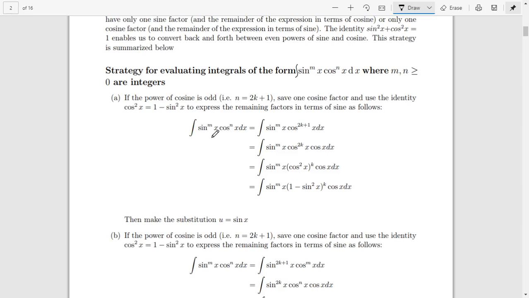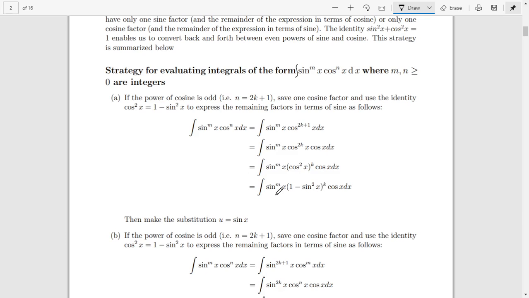That is explained here. If my n is odd, I can write n as 2k plus 1. And then I can split that into cosine to the power of 2k times cosine x. At this point, cosine to the power of 2k is the same thing as cosine squared to the power of k. And then I can replace cosine squared with 1 minus sine squared.